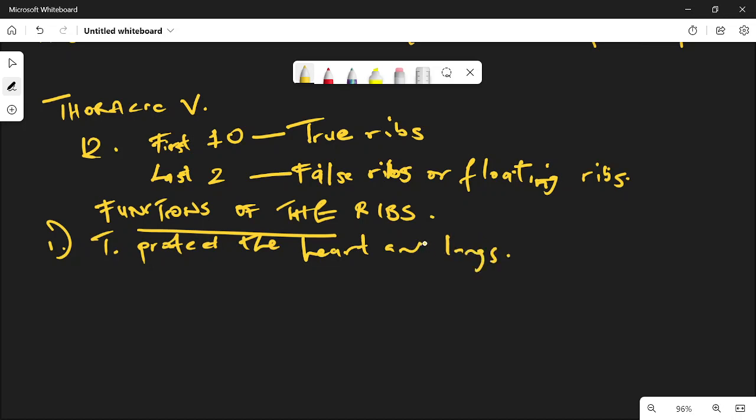That's the first function of the ribs. Protect what? The heart and lungs.